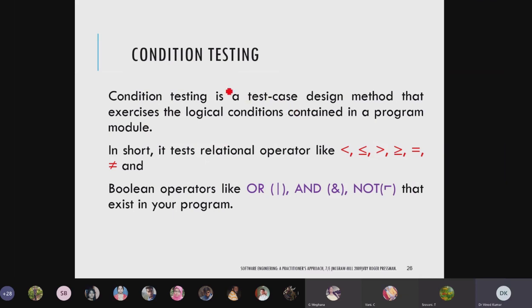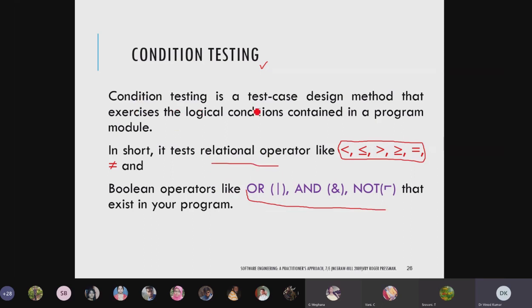Next is condition testing. In the if condition you can see some combination of these types of operators. When you are checking the conditions, some boolean operators will be there, and relational operators will also be there.